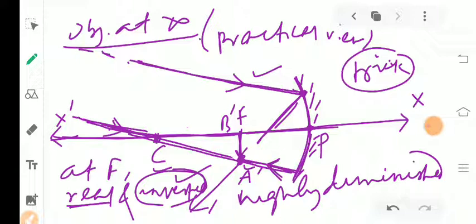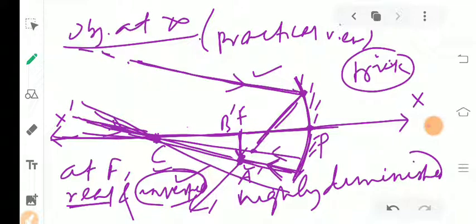Otherwise what will happen, if you yourself join this line passing through the center of curvature, for example like this, it is not passing there; suppose like this you join, then the image will be formed here, because both the rays will meet here. And at that time you are wrong, because the image has not been formed below the focus, and you know that when the object is at infinity, the image has to be formed below the focus.